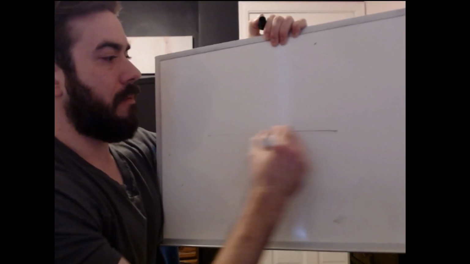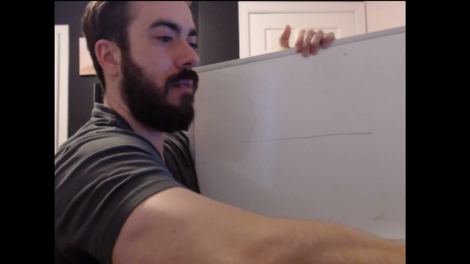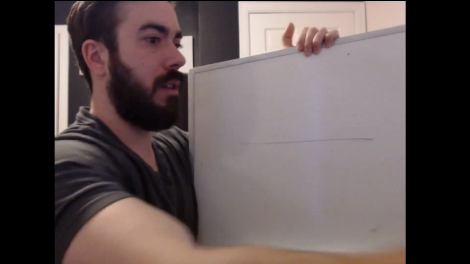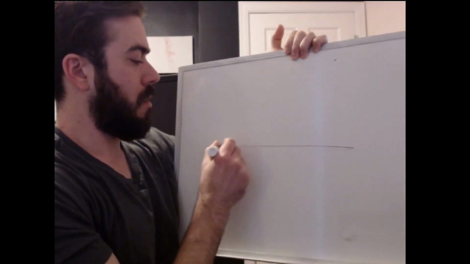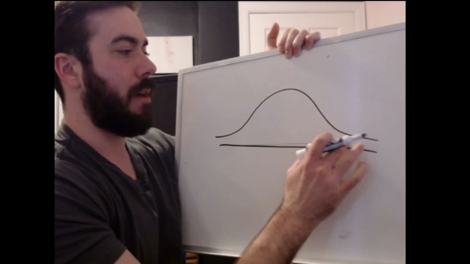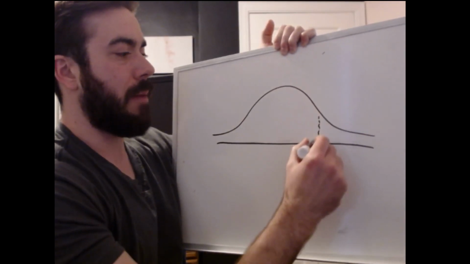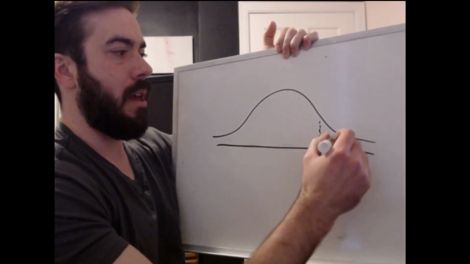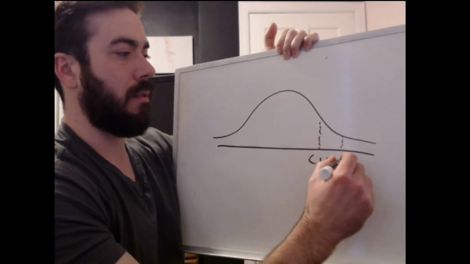Let's say I do a right-tailed test here so I can show you an example. Let's say my critical value is right here, and here's my test statistic.